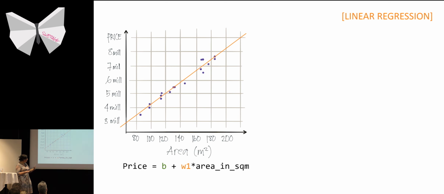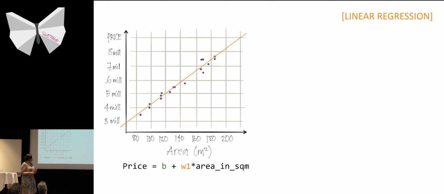And what machine learning will do, in this case using linear regression, is try to figure out how this line fits to the data. So here's a house, 82 square meters for 3.5 million, and so on. All these blue dots are instances of houses.